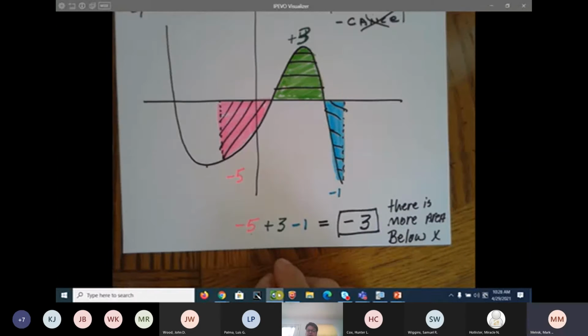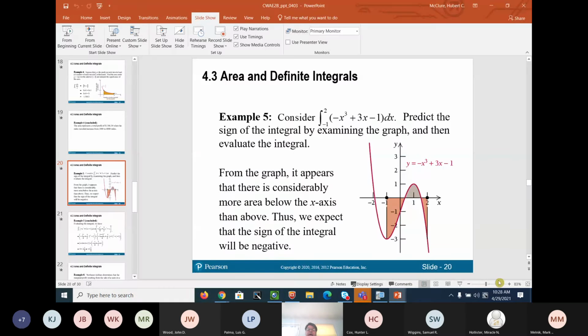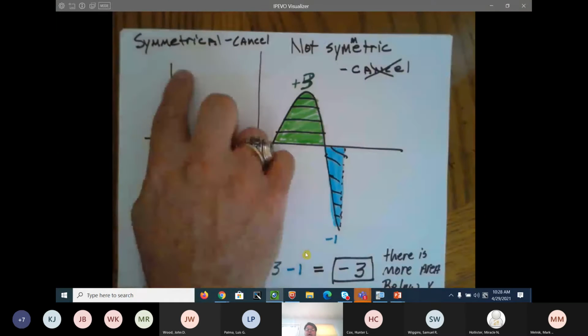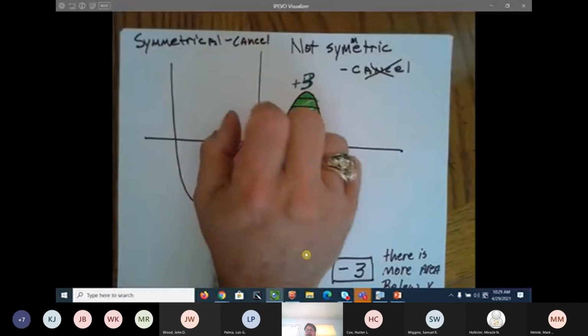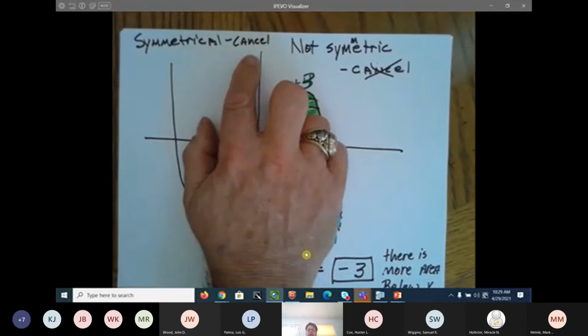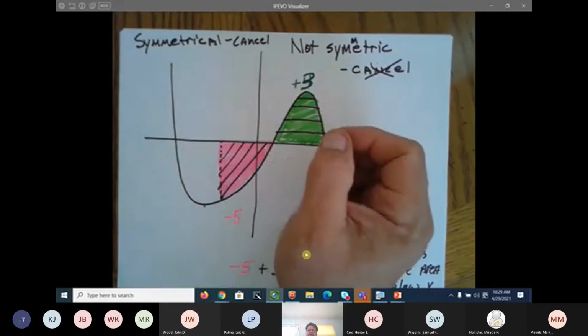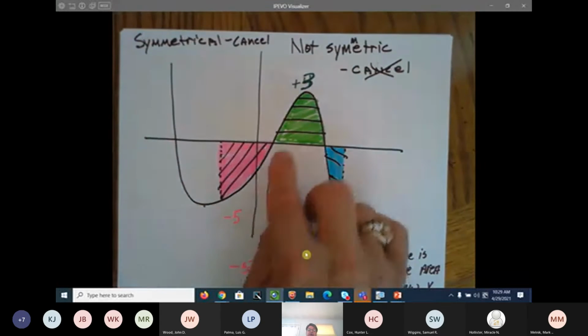So you got symmetrical. Symmetrical means that if it's going around the origin, it probably will cancel if you add them up. If you ignore the signs, then they're asking for the net area. In other words, ignore the signs, and that would be 5 plus 3.